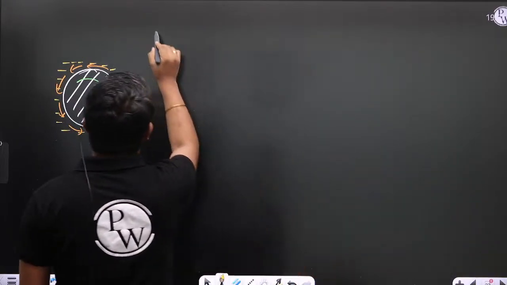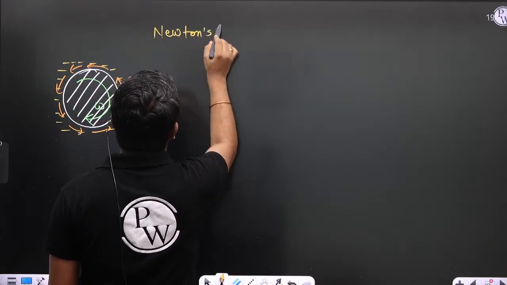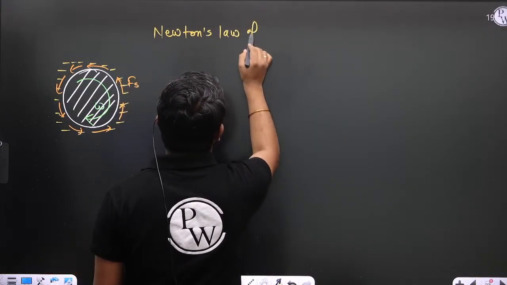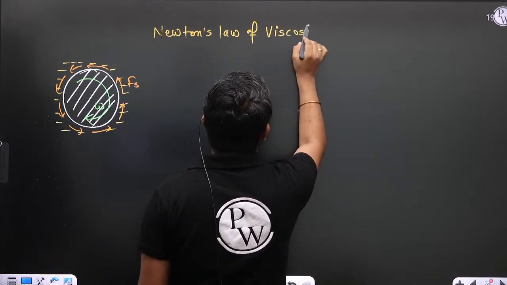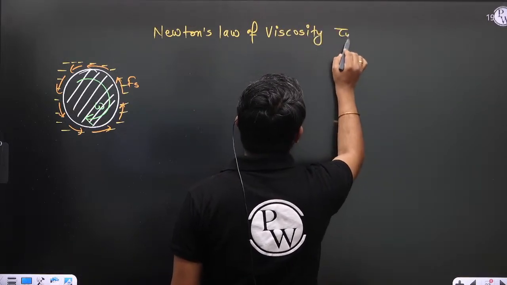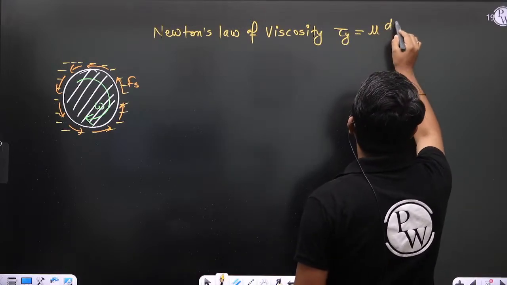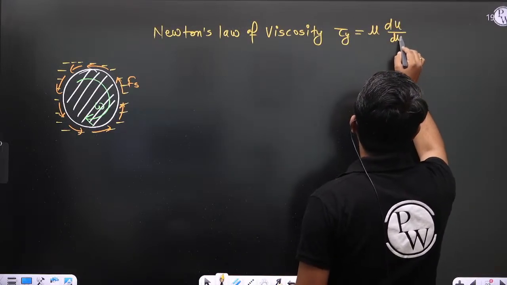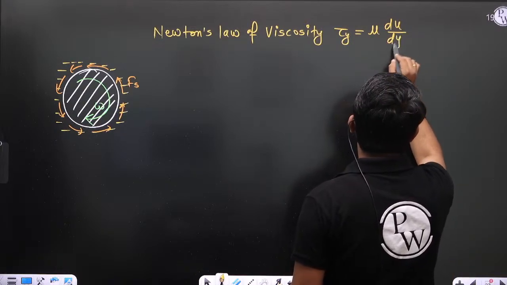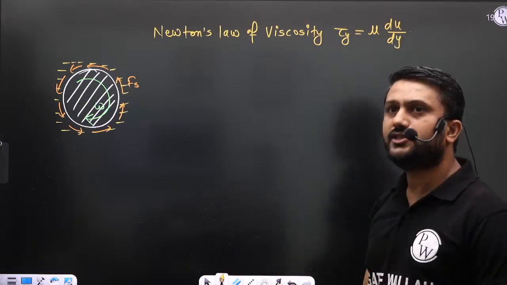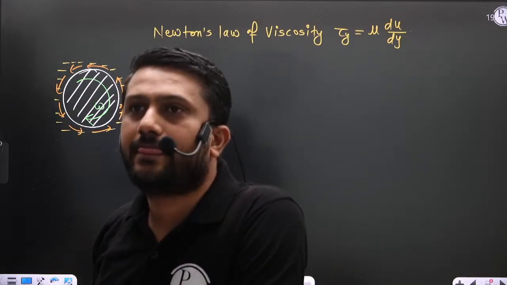From Newton's law of viscosity, the shear stress experienced by any fluid layer is equal to mu du by dy. And once you know the shear stress, then we can easily calculate the shear force.